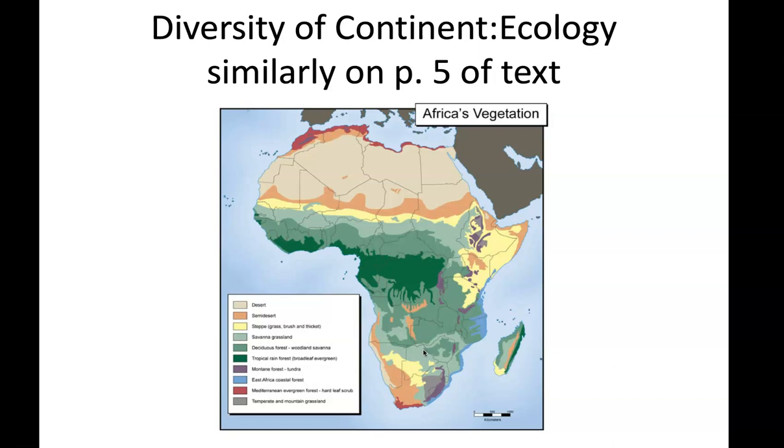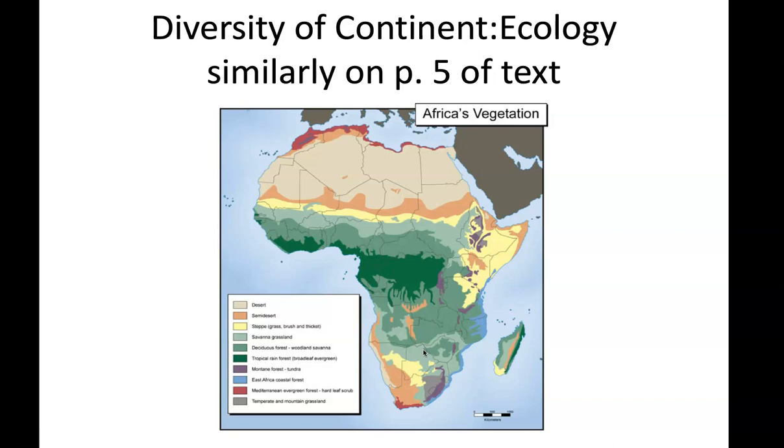If we start up in the north here, you see the huge expanse of the Sahara Desert. And as you move south from there, it gets wetter and wetter and wetter. So we have desert, then semi-desert, then dry grasslands, then true grasslands, savanna woodland, and then rainforest in the middle of the continent.